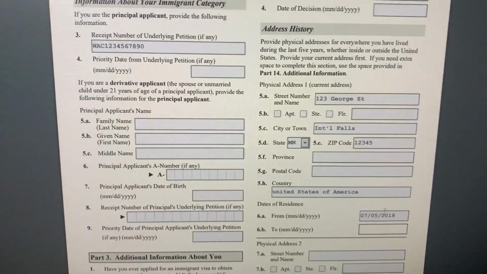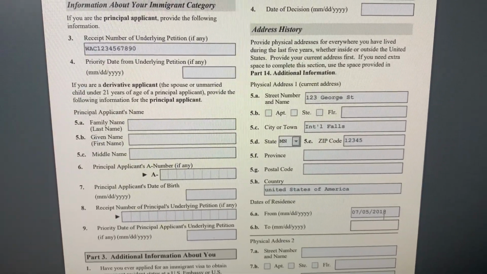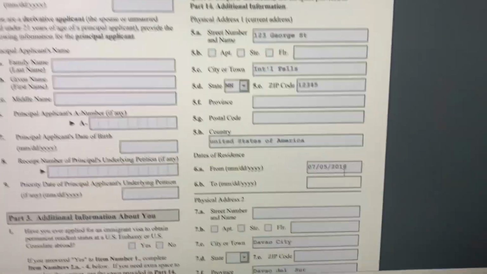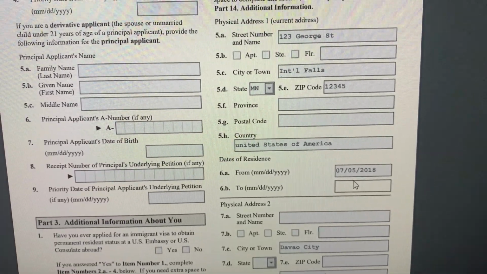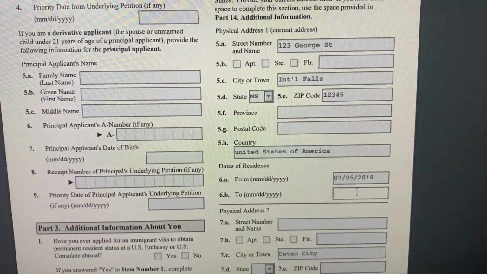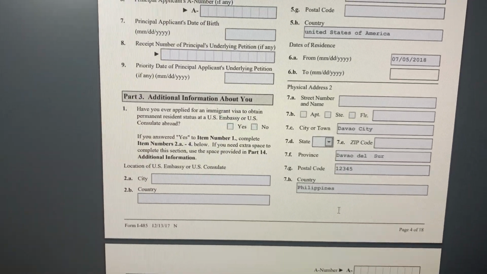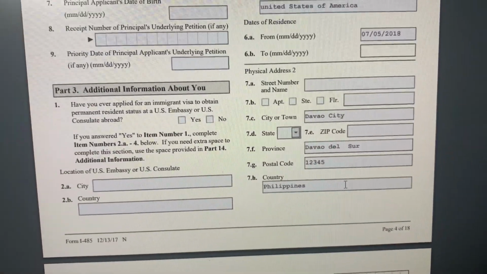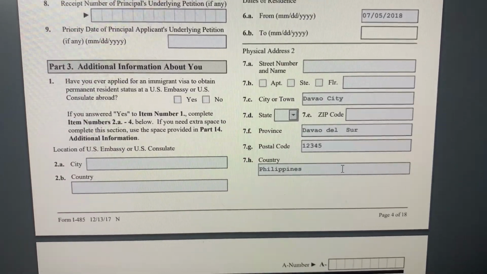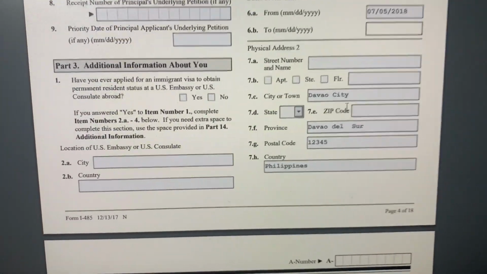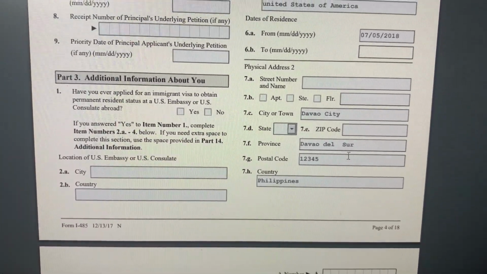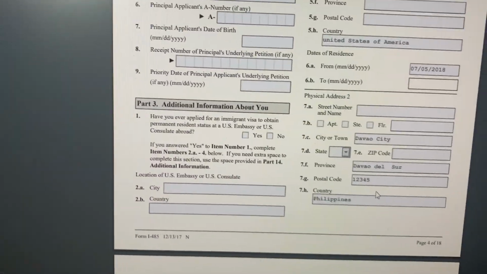So you always need to put your date. It's very important, guys. Don't miss this. And for number 2, just leave this spot empty because you're currently living here. After that, physical address: my address in the Philippines before I came here to the US. So yeah, this one is easy.